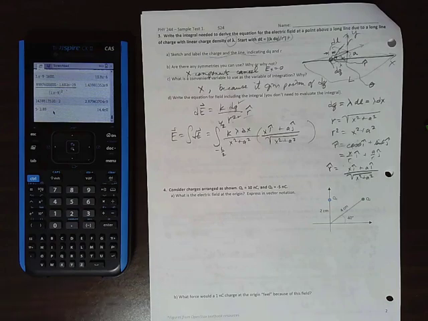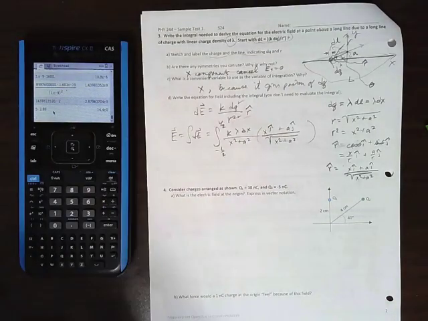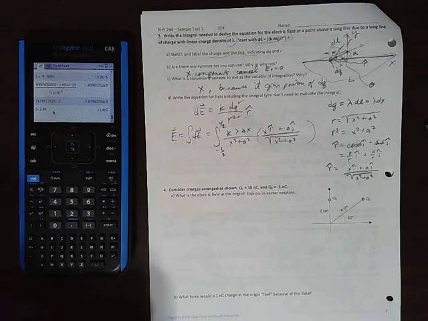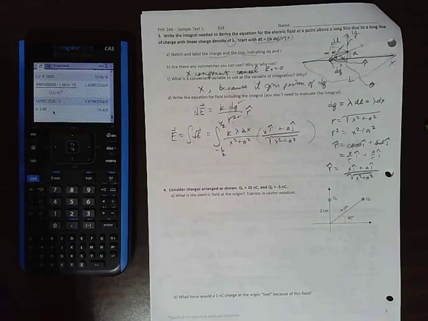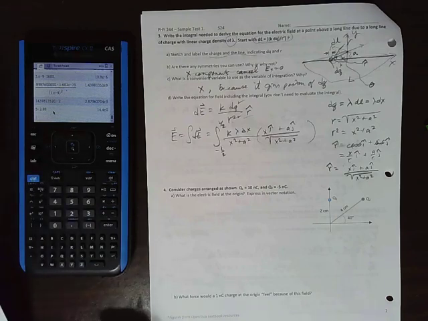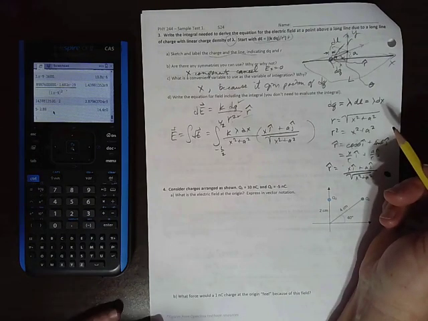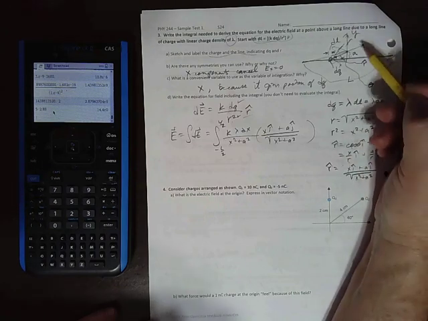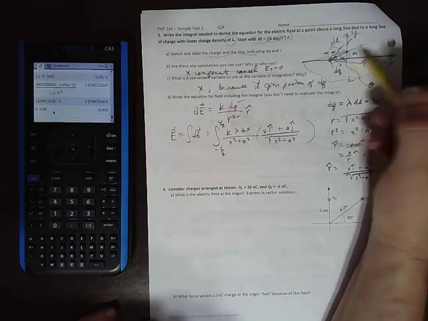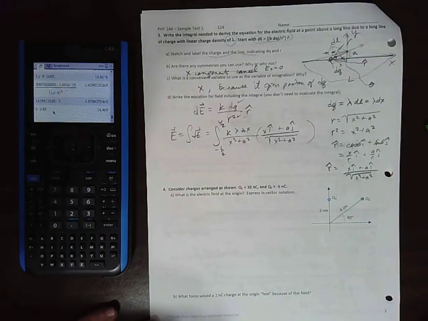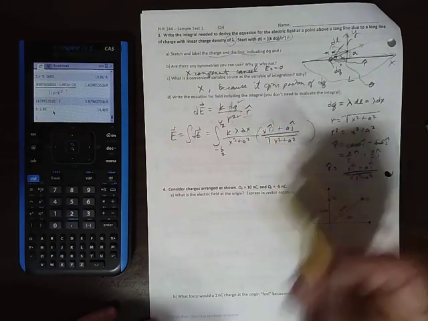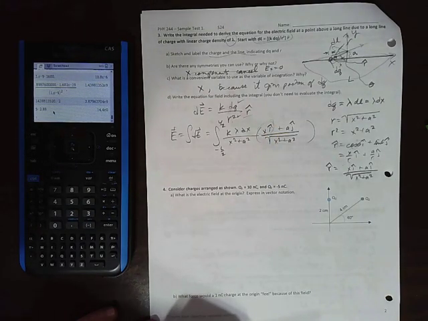Not very pretty. Let me just double check my work. I didn't forget anything here. Yeah, and so like I said, by symmetry, we can kind of ignore the x parts because we know they're going to cancel, so we can just say that's going to be equal to 0.